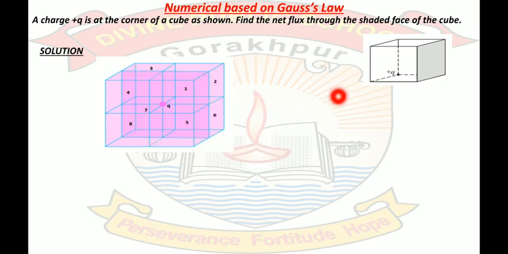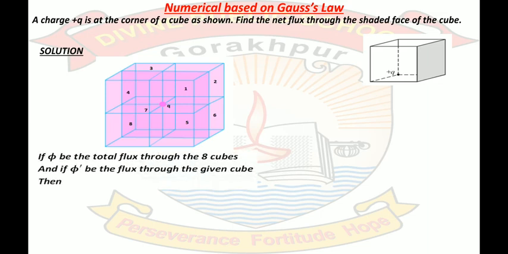If phi is the total flux through the bigger cube, then there are 8 cubes, so what is the flux through one cube? If phi be the total flux through the 8 cubes, then phi dash be the flux through the given cube, then phi dash is equal to phi by 8. Because it will become q upon 8 epsilon naught.